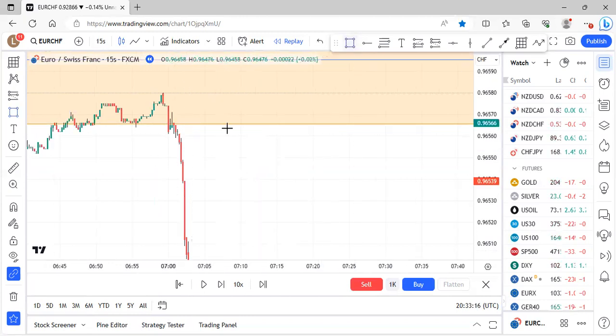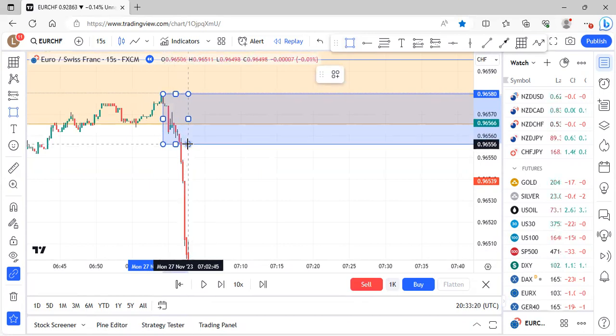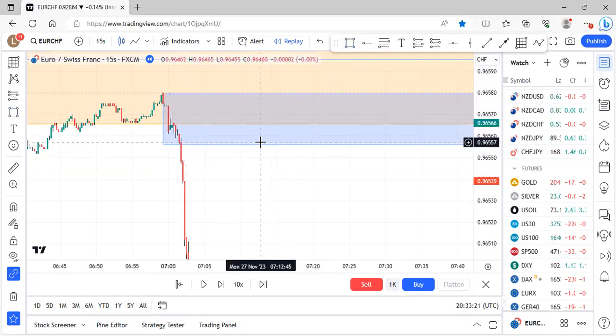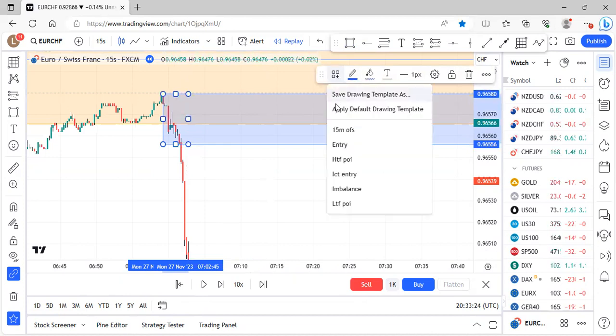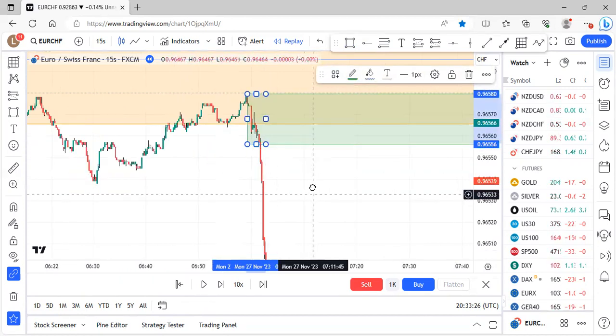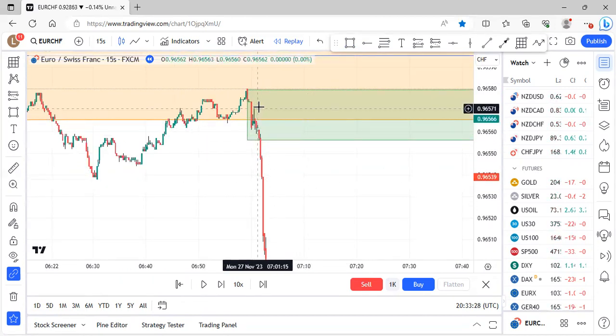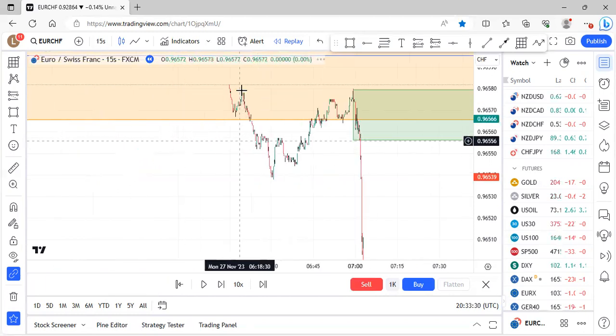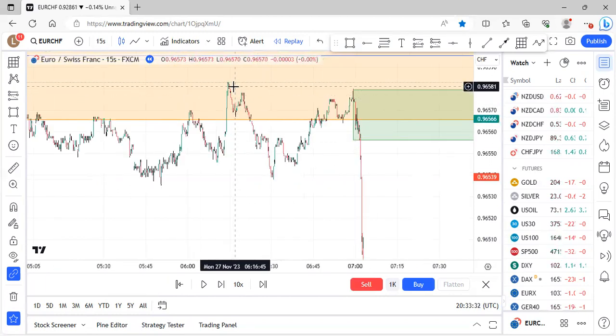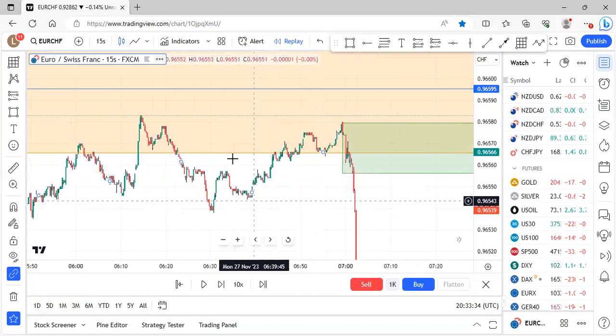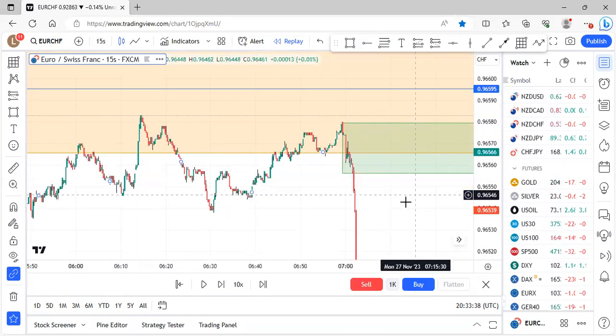Yeah, so if I was looking for a trade, I'd be looking at maybe one of the wick side, fairly balanced.